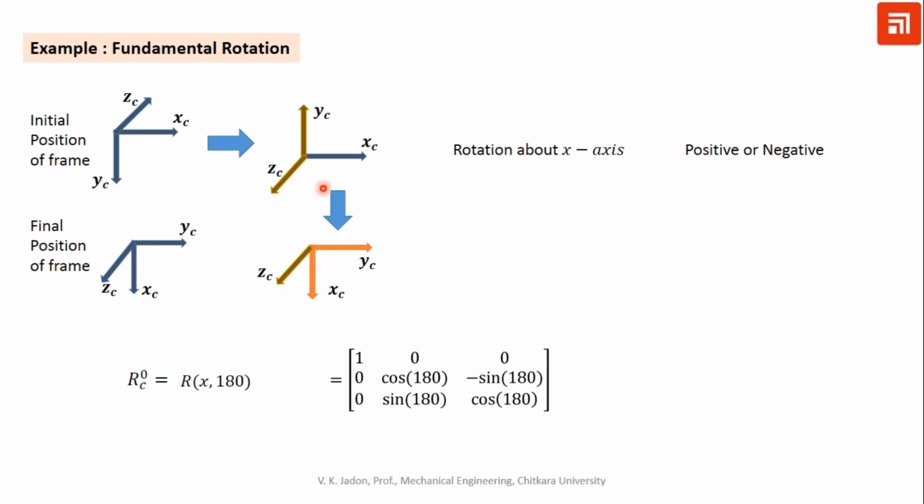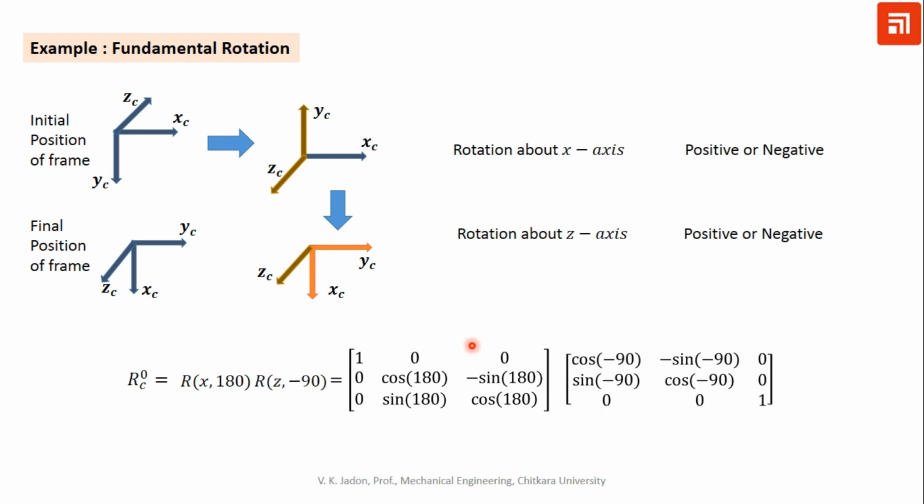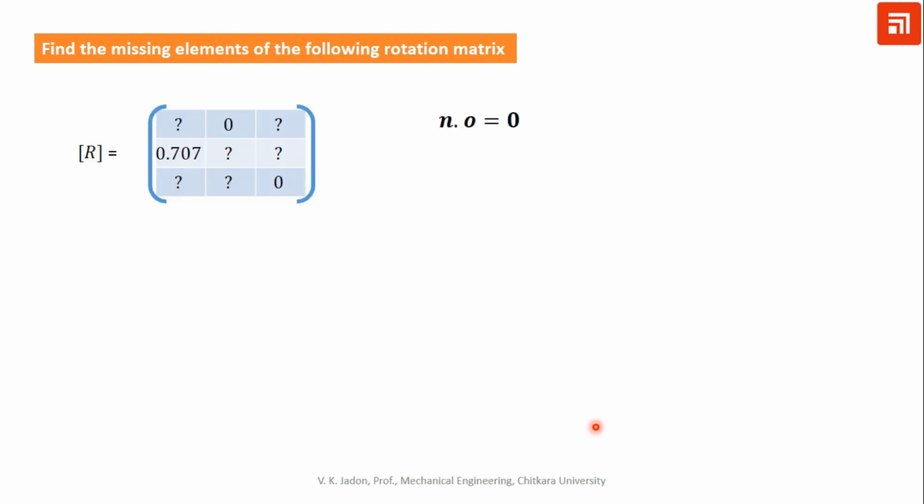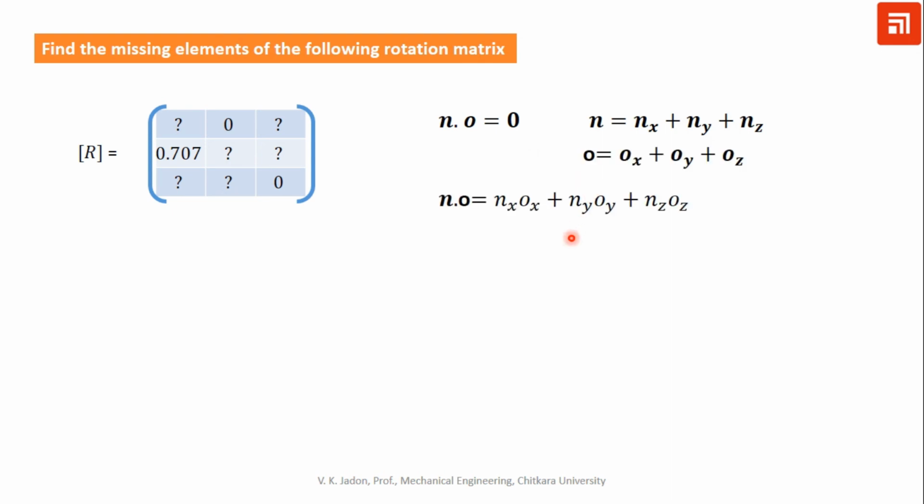You curl your fingers in the direction of the rotation, and the thumb will go inside, so that is why it is a negative rotation. So this is how we can find the rotation matrix of different fundamental transformations. You can go ahead and identify the different elements of this rotation matrix by using the different properties of rotation matrices. You can try these for your practice.